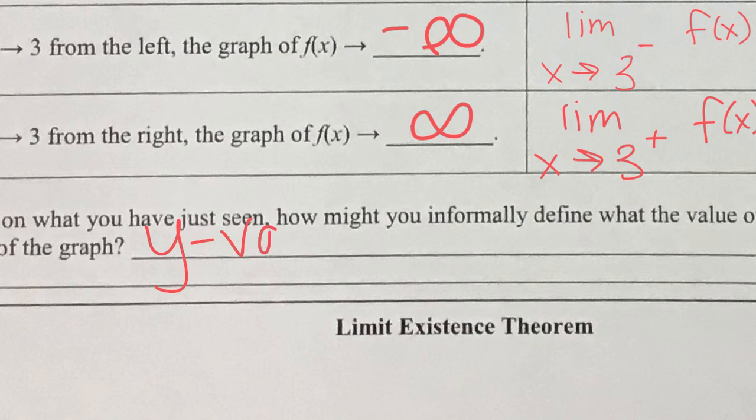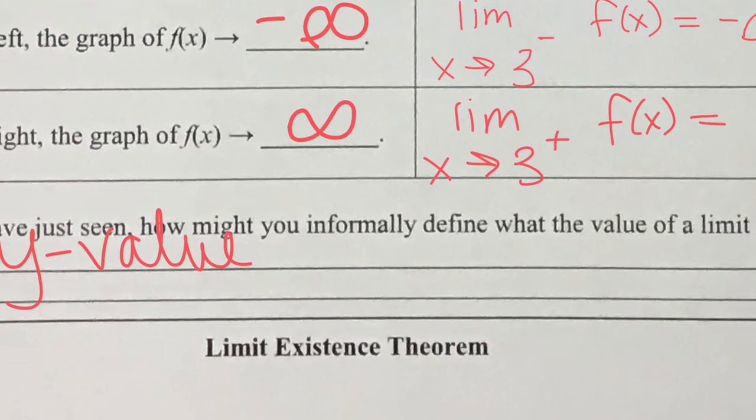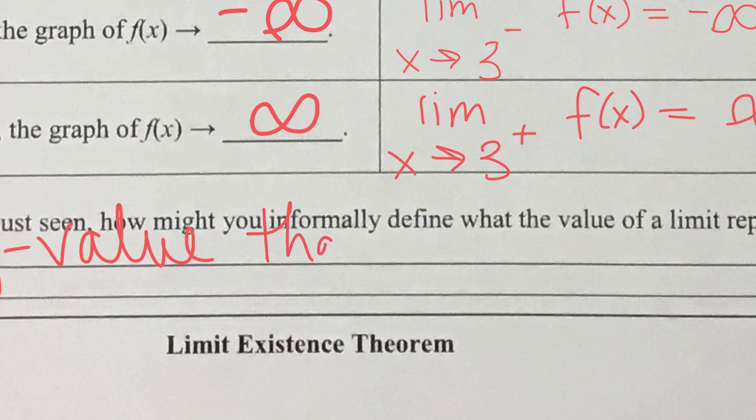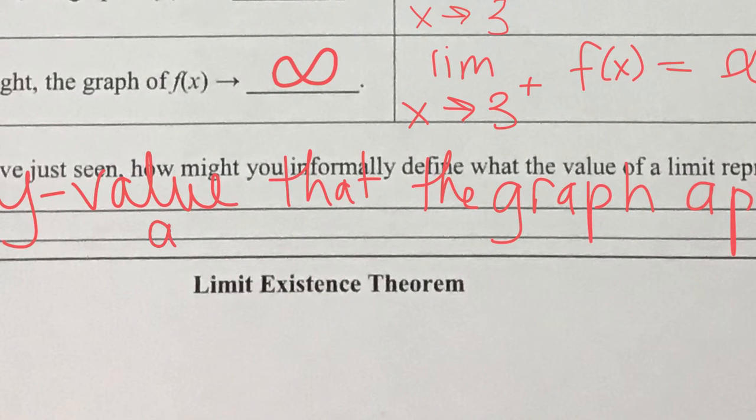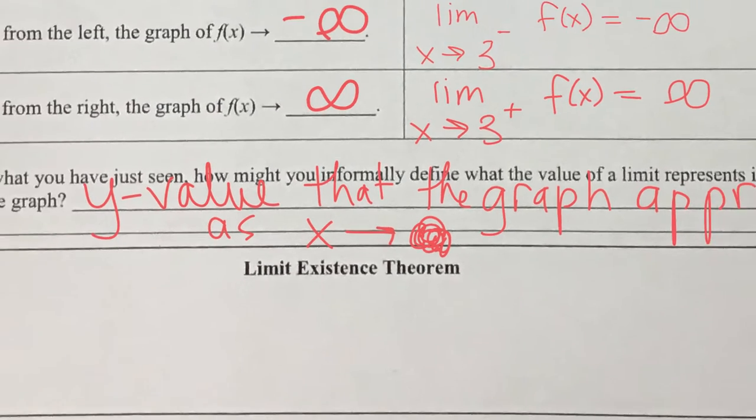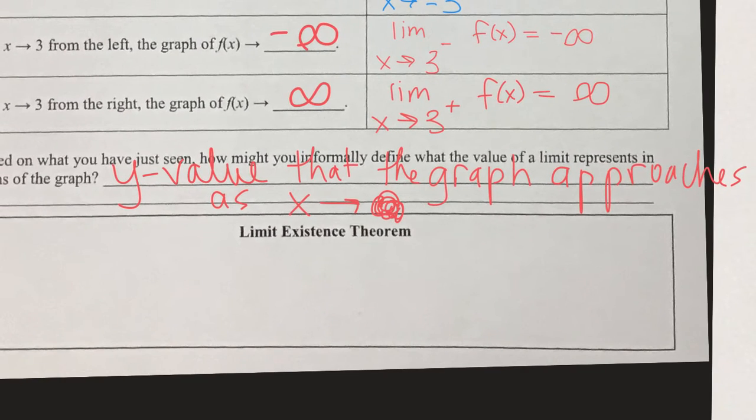What is the y value that the graph is approaching as x does something, right? As x goes to infinity, as x goes to a number, as x comes from the right, as x goes to the left, right? What is the y value that the graph is approaching as x is doing something?